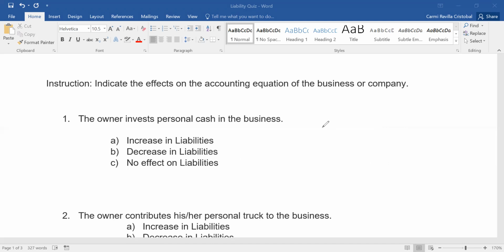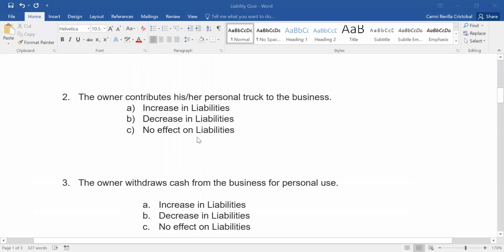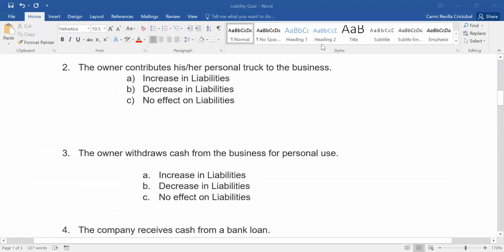Number two, the owner contributes his or her personal truck. The owner again, but this time he contributes a personal truck to the business.